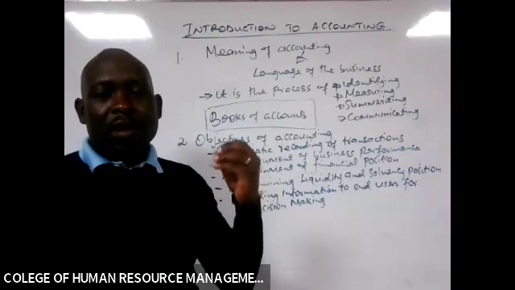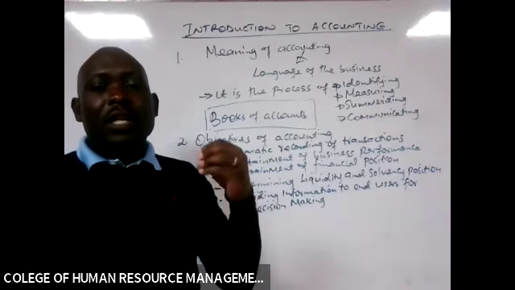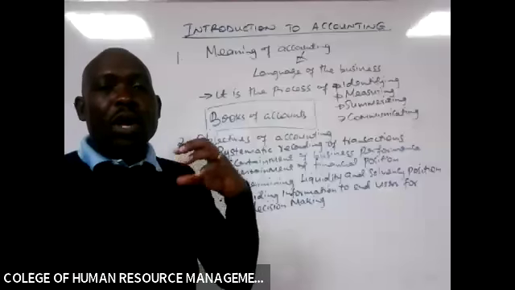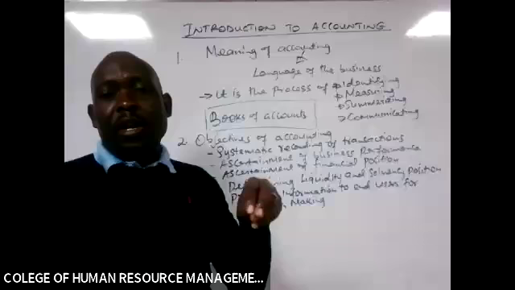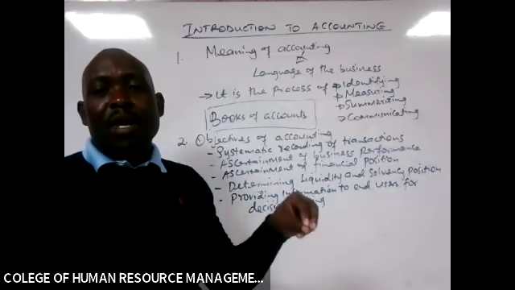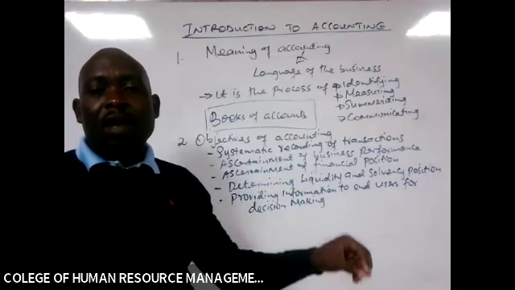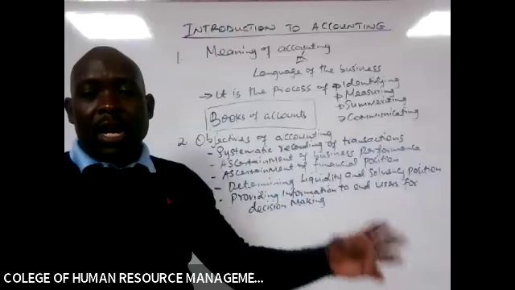These are any individuals or any institutions which might need to know how we are performing. They want to know how we are performing so that they can make certain decisions regarding our business. It can be investors. They want to invest in our business. Before they invest, they must know how we are performing. It can be the lenders.